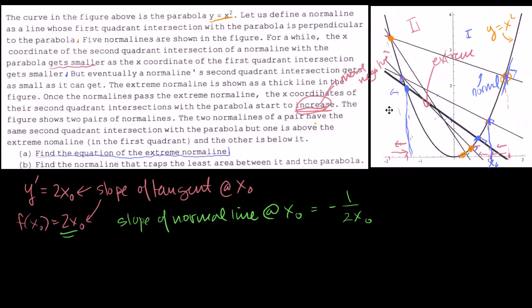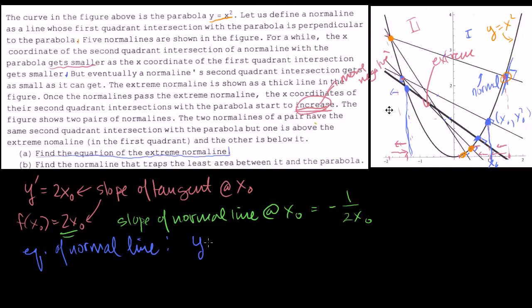Well, we can just use the point slope form of our equation. So this point right here will be on the normal line, and that's the point x naught, x naught squared, because this is the graph of y equals x squared. So the equation of the normal line is just the point slope definition of a line.